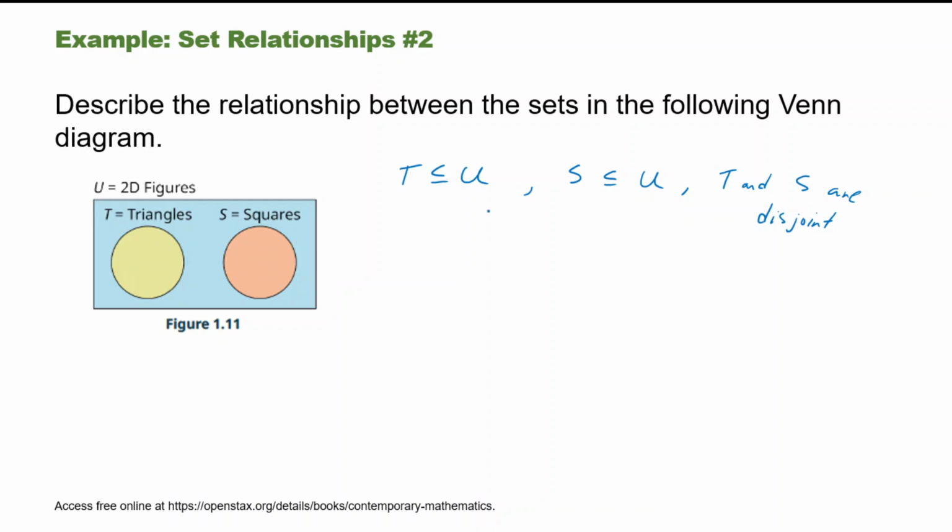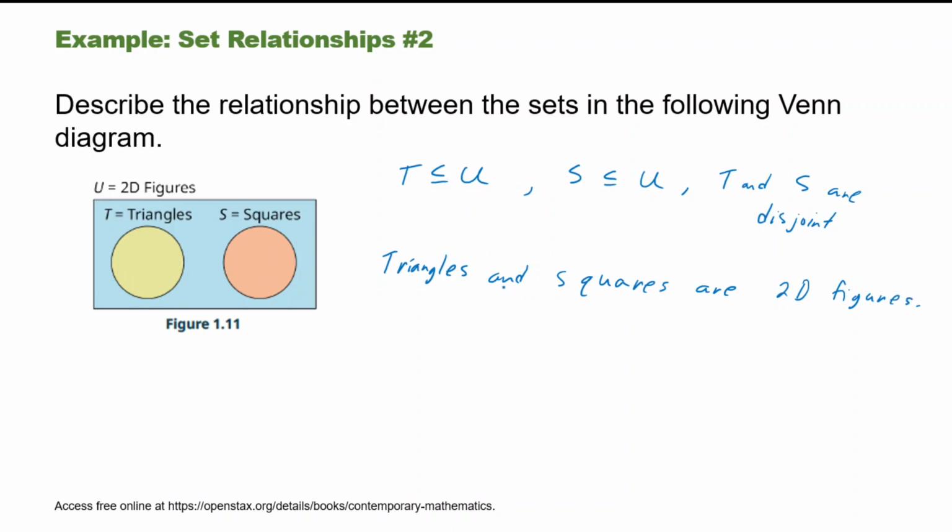Now let's actually describe what these things are. This means that triangles and squares are 2D figures. That's what's meant by them being contained in the rectangle, right?